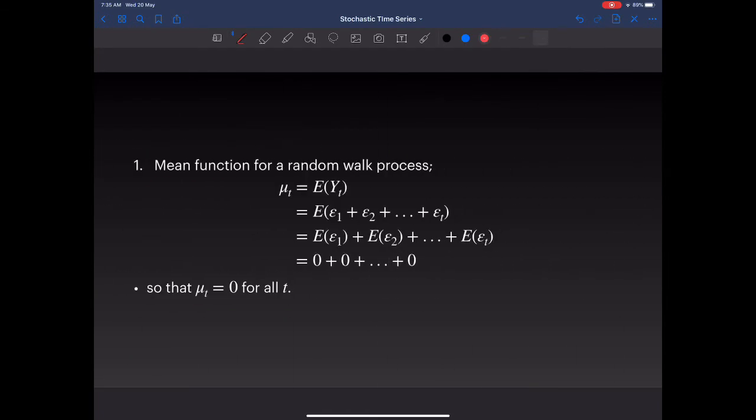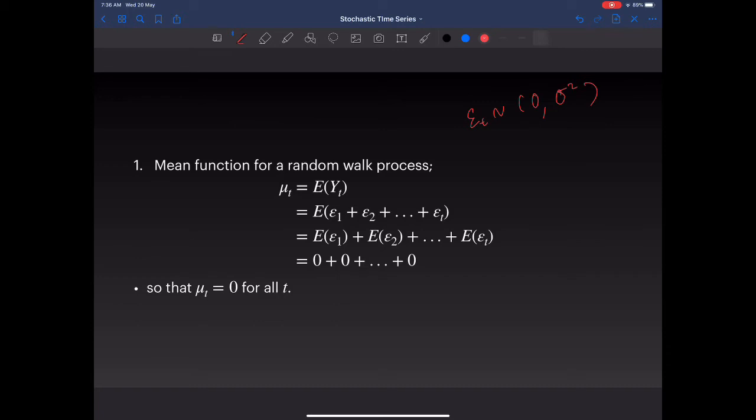Let's take a look at the mean. Since we say et has zero mean and variance of sigma square, taking the expected value of our yt will produce a mean function equal to 0 for all t.